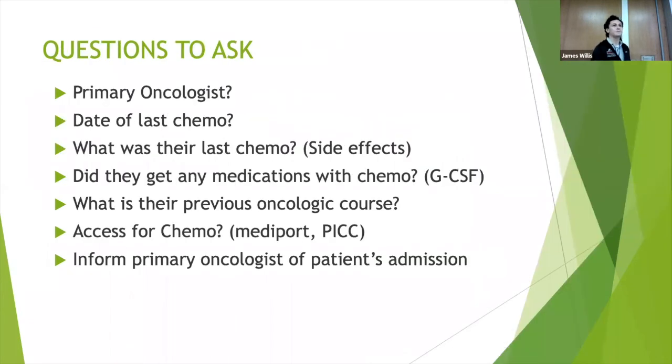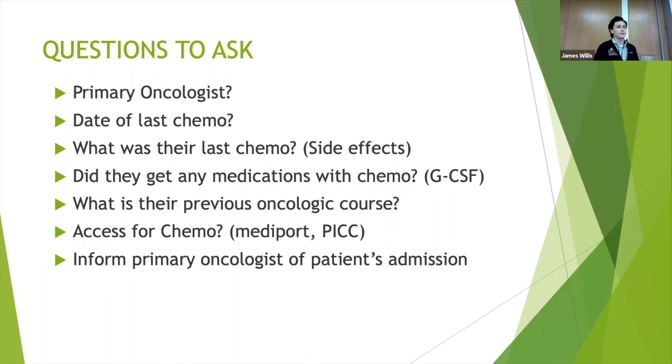And then finally, since we don't see a lot of HemeOnc here, just some questions to ask patients who do have cancer. So who is their primary oncologist? It's great to contact them, especially if they're at King's or elsewhere. Date of their last chemo is essential for the workup. What was their last chemo? If you know it, great; if you don't, you look it up and see what the side effects are. It's just really important to do.